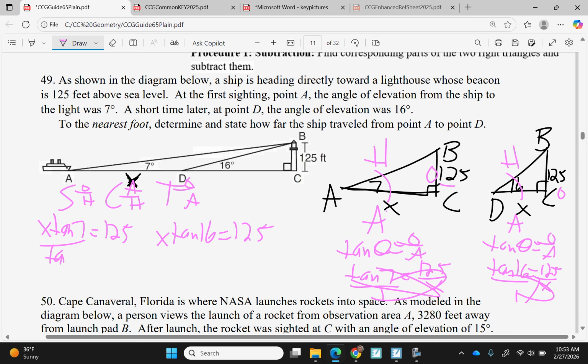And again, you can use the equation solver if you need to, but you don't want to round until the very end. So if you're going to do that, write out the whole decimal that it gives you.